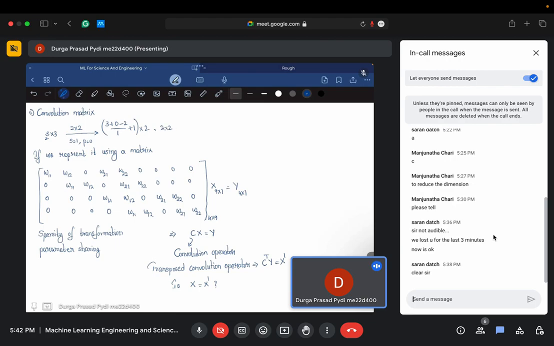So the idea behind transpose convolution is, if you were to represent this with a matrix operation. So this is my matrix, and maybe I'll use input as x.